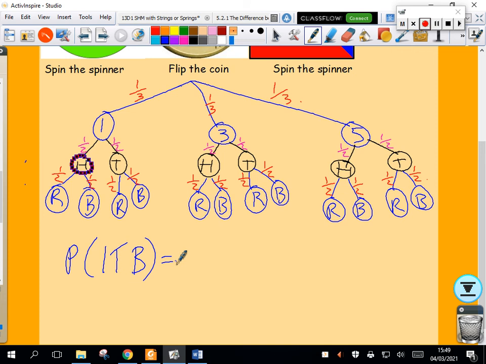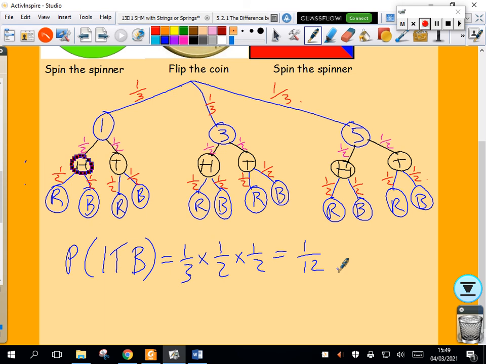We can just multiply 1/3 times 1/2 times 1/2. 1/3 is the probability of getting a 1 on the first, 1/2 is the probability of getting a tails on the second, and 1/2 is the probability of getting a blue on the third, and what we're getting there is 1 out of 12. That's a useful thing to know.